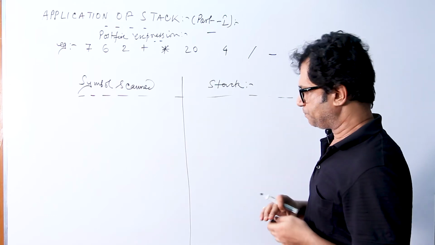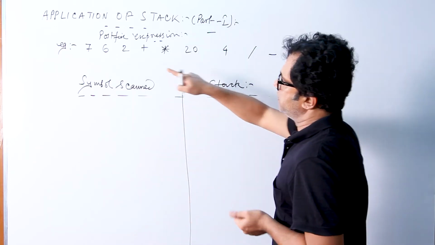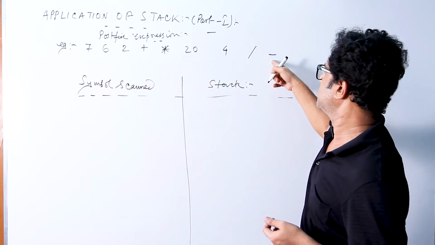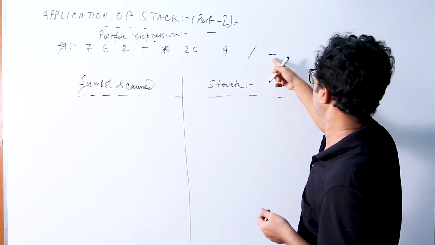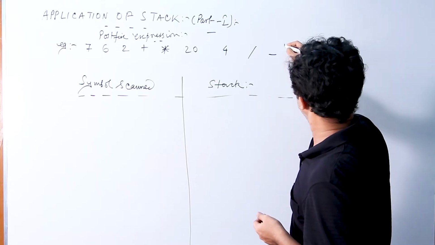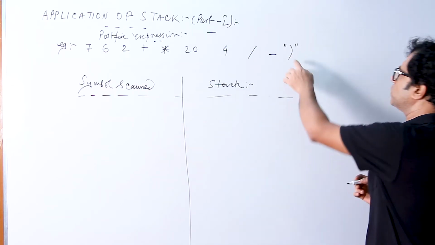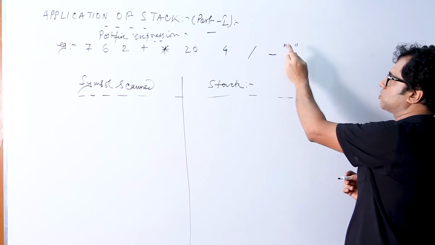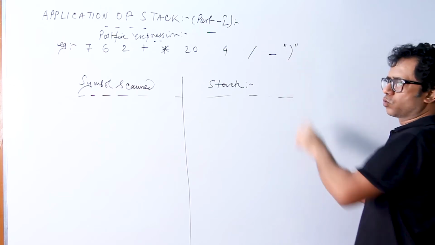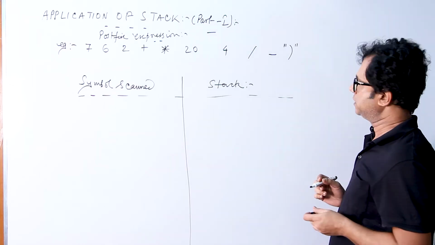So in this case, what we have to do is first see this expression from left to right, and see that this expression ends at the minus symbol. After that, we will put a closing parenthesis, a right parenthesis, on the right-hand side of the entire expression, and put it within quotes to signify that this is not part of the string given originally.